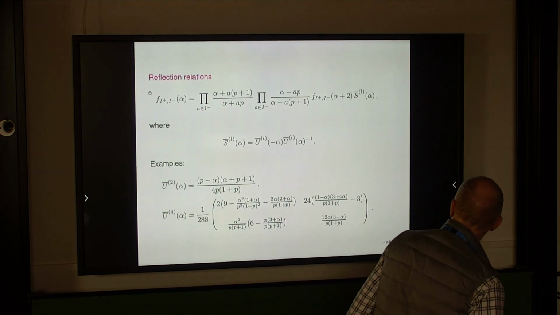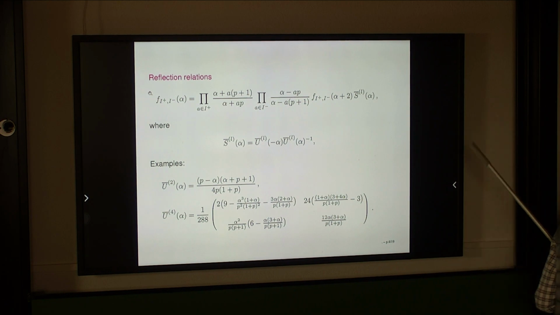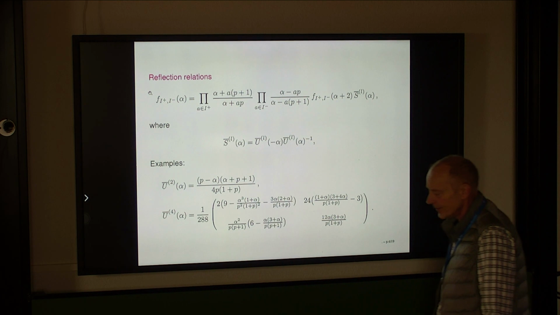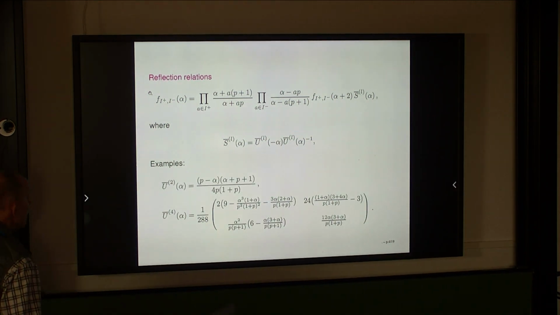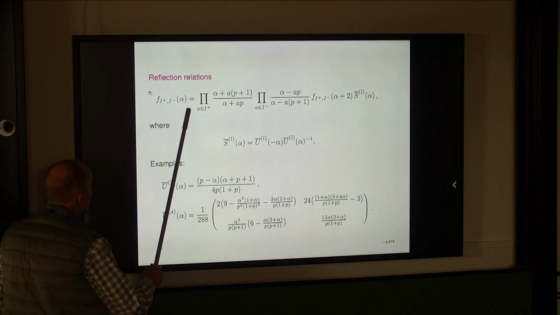So now the reflection relations. Eventually you reduce them to some kind of Riemann-Hilbert problem. So finally, we are looking for some vectors.